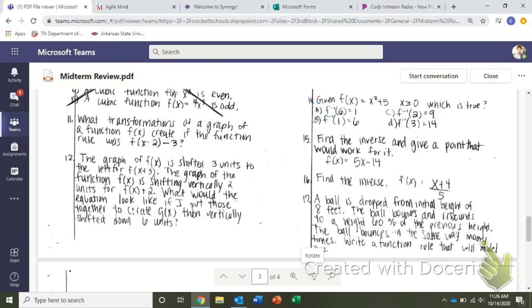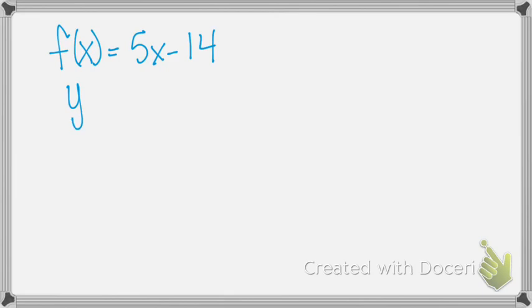Now, number 15 says find the inverse and give a point that would work for it. So, first, we are finding the inverse. f of x equals 5x minus 14. First thing we do is we swap the x and the y.